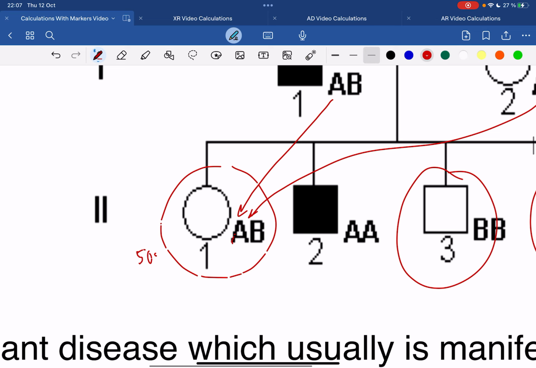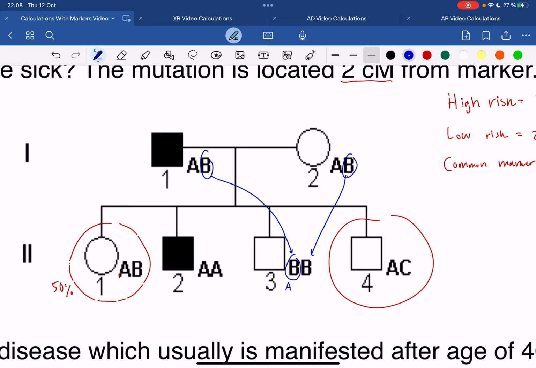Now for 2,3 to be sick, we can see here that 2,3 actually has 2 markers that are healthy. One from the mom right here and one from the dad. However, this allele right here could still be an A undercover. There's still a chance for crossing over to occur and for this person to be a carrier, but it's a low chance.